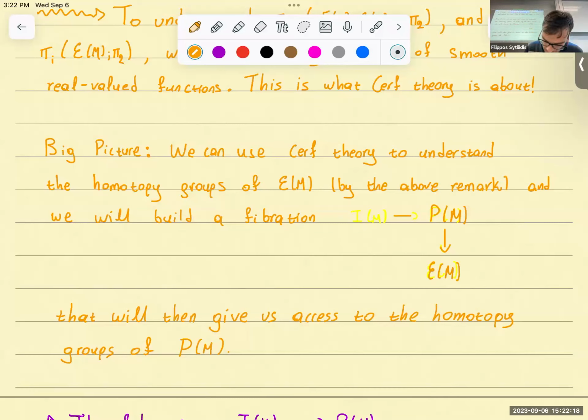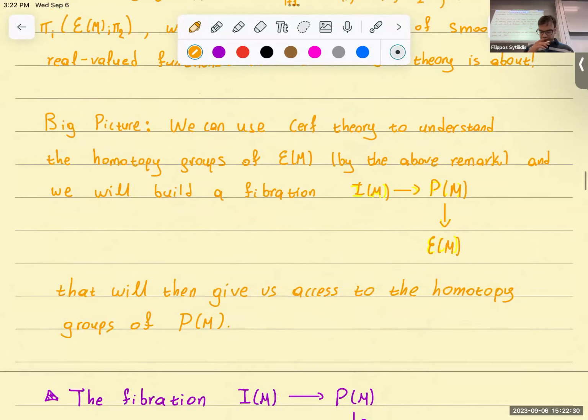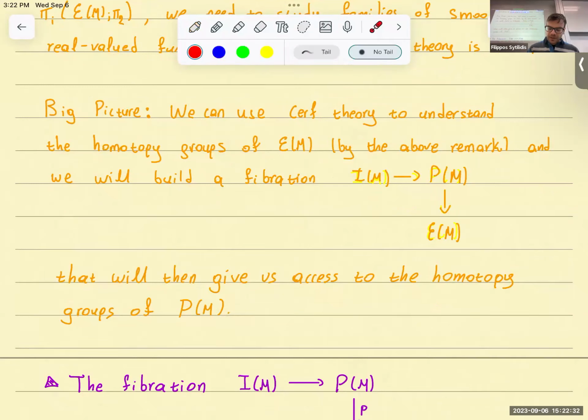And it gives me the structure of a fibration where the fiber is the isotopy group, I of M. I'm going to tell you what that is in a second, but basically, this is a very favorable situation to be in, because if I have something like that, then I can get information about the homotopy groups of the space in the middle by having information about the homotopy groups of the base space and the fiber.